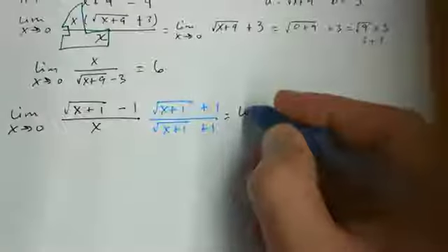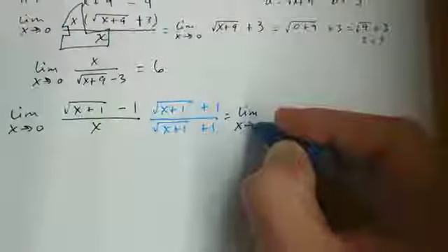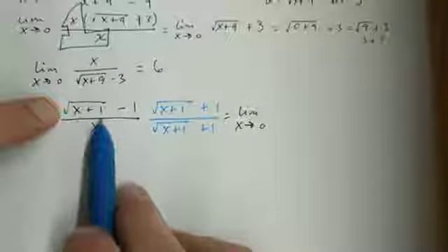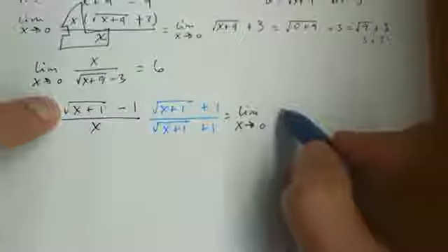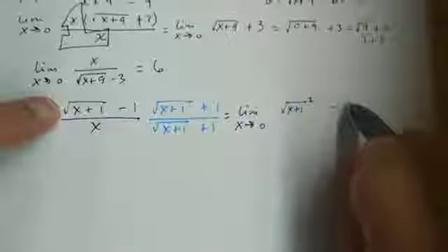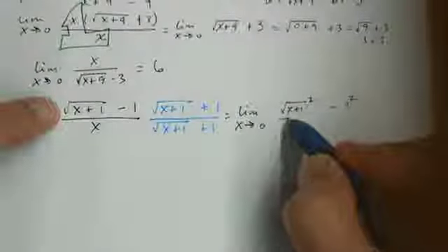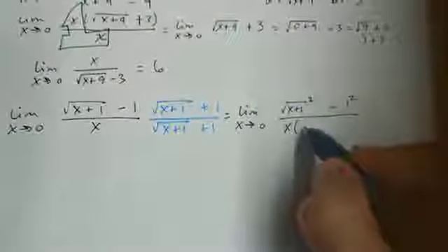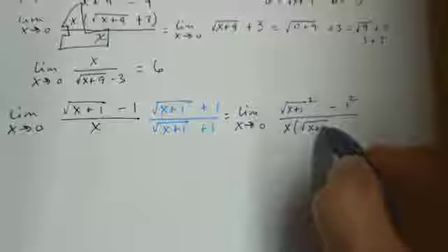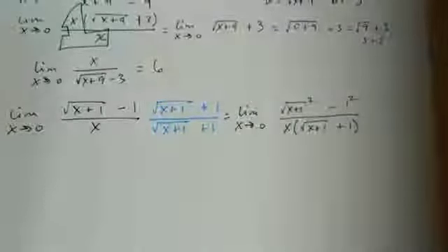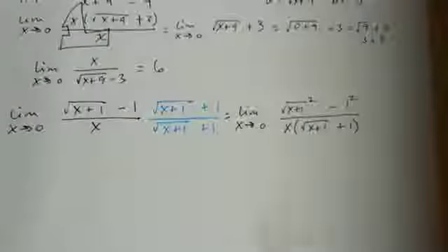This is going to give us the limit as x approaches 0 of, we get our a squared minus our b squared divided by x times the square root of x plus 1 plus 1.